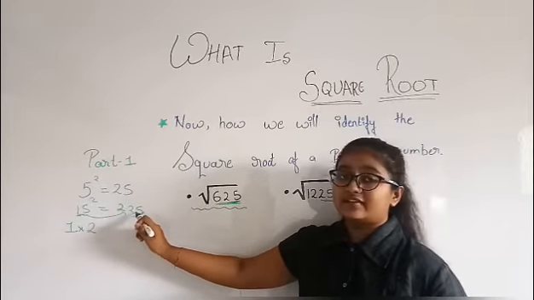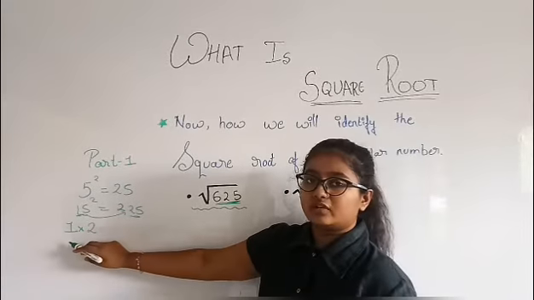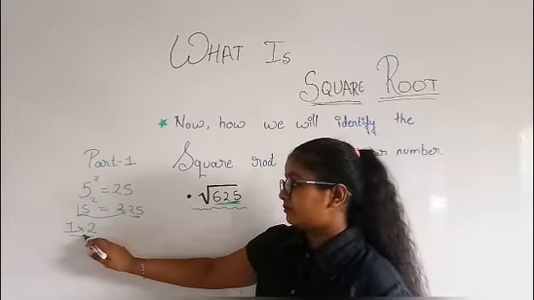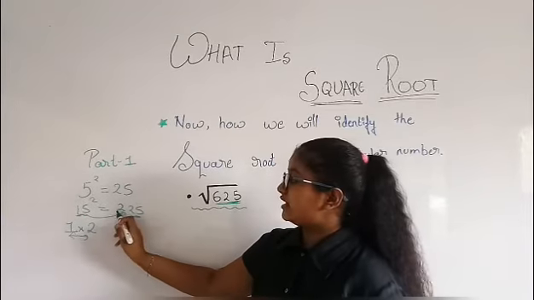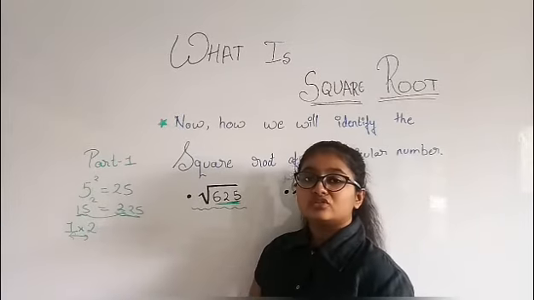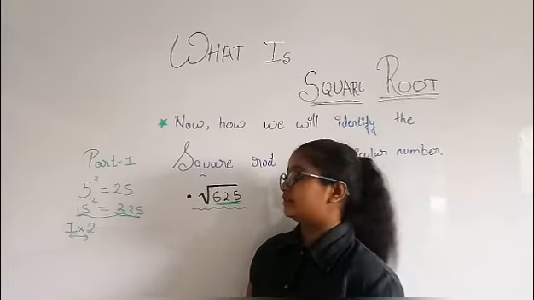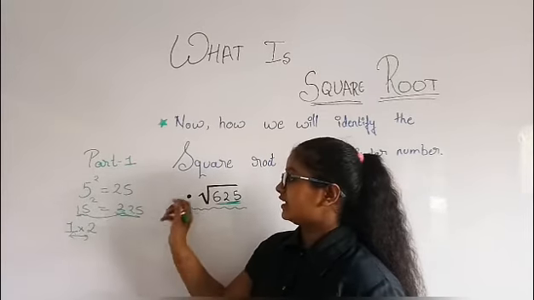So we write 25 directly at the back. And for the forward number, we multiply it with its succeeding number. 1 multiplied by 2 is 2 and we write here 2. The main answer we got is 25.